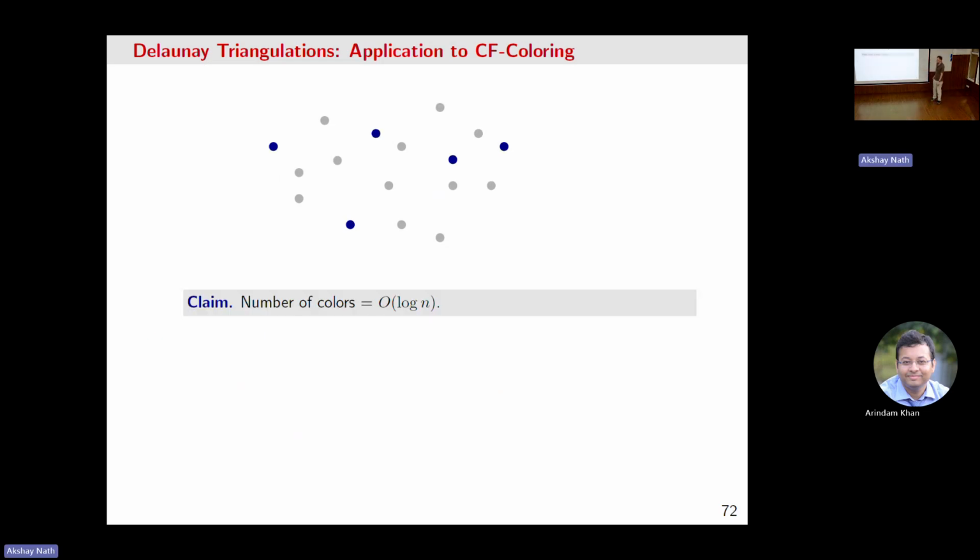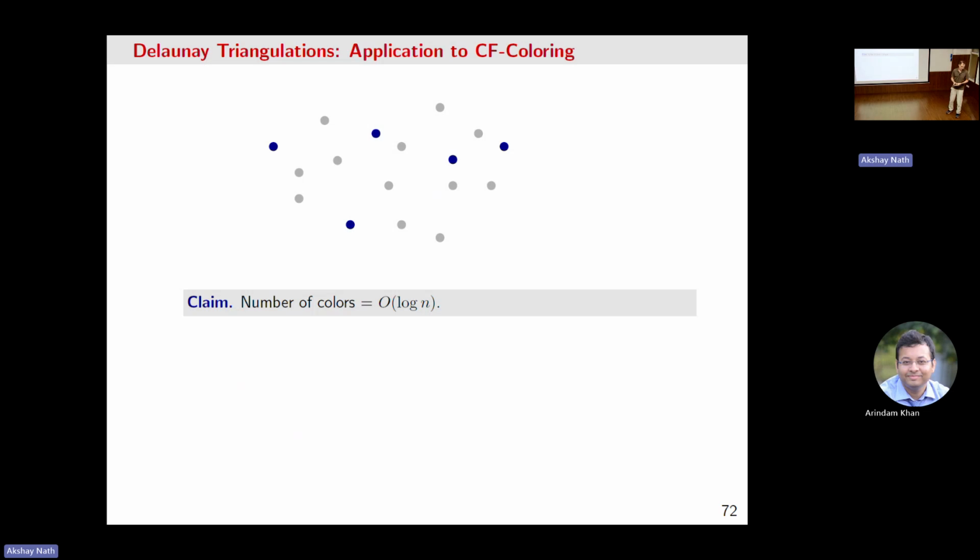Okay, so that means that the number of colors is logarithmic, right? Because we have color 1, but the number of colors, let's say C of n, is 1 for the independent set, plus C of 3/4 n, because I removed 1/4 of the points. Okay, so that solves to log n.